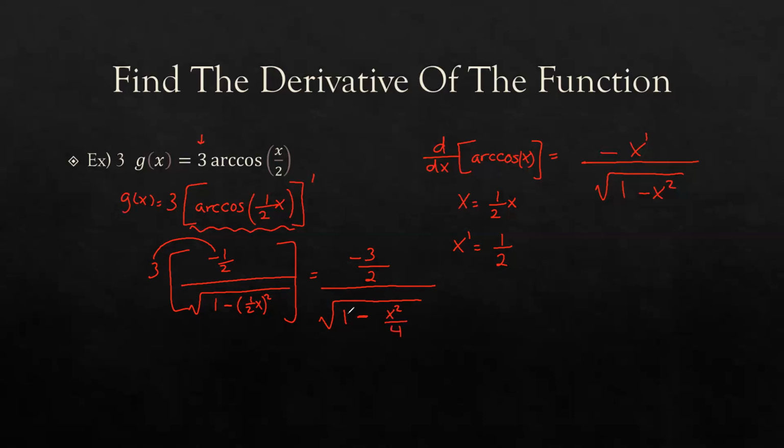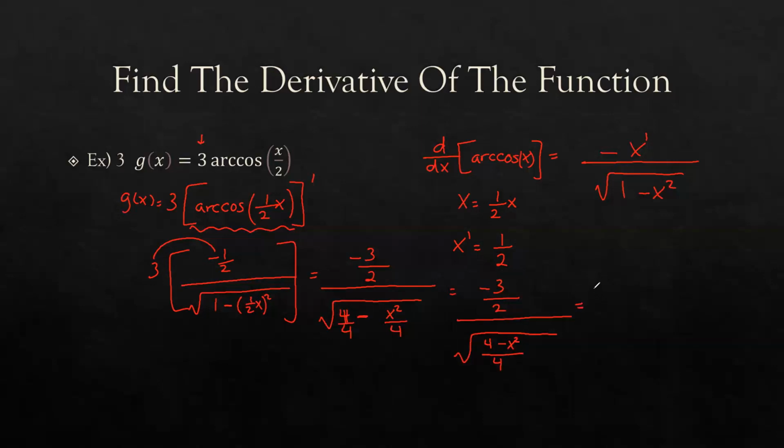You can simplify the 1 because it is 4 over 4. So this is negative 3/2 over the square root of, what's 4 over 4 minus x squared over 4? That is 4 minus x squared over 4.